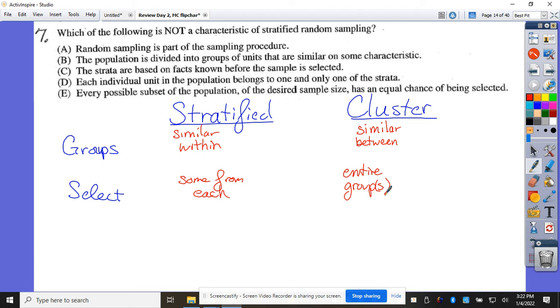So now just actually going through the problem, it is only talking about stratified. Is it important in stratified to have random sampling? Yes, it's always important to have the randomization in there. In stratified, is the population divided into groups that are similar? Yes. In stratified, are the strata based on facts that are known before the sample is selected?